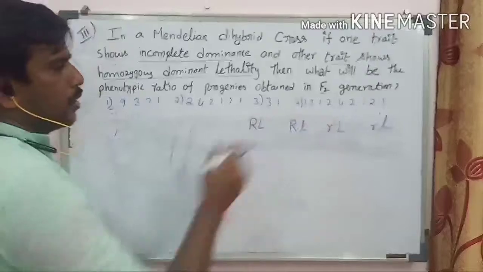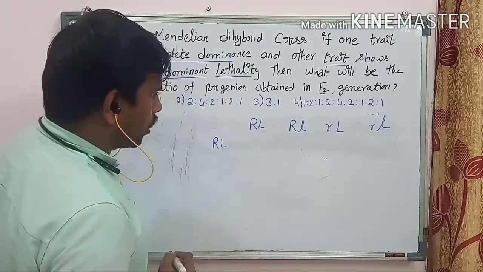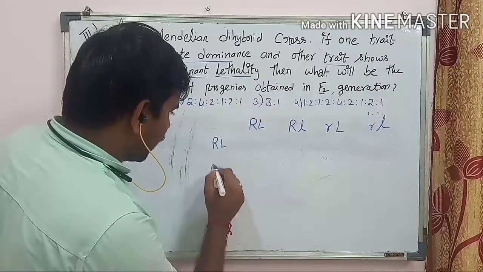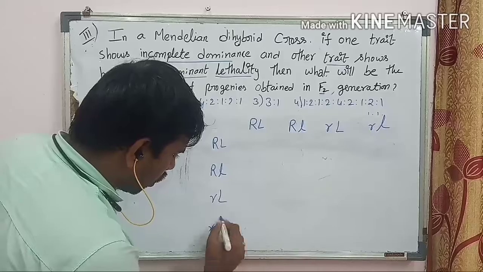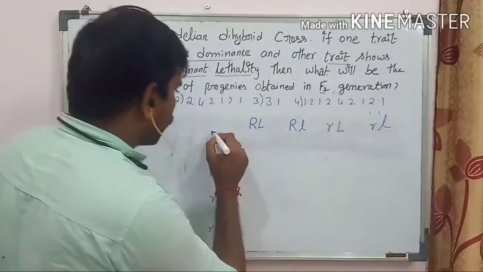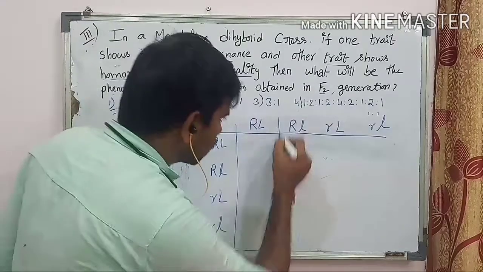These are four gametes from one parent, and the other four are the same: capital R, capital L; capital R, small l; small r, capital L; and small r, small l. Now we will draw the Punnett square.